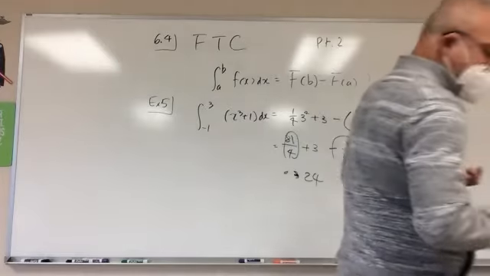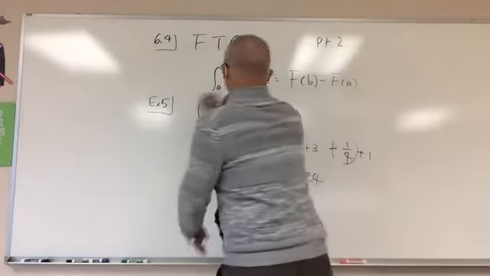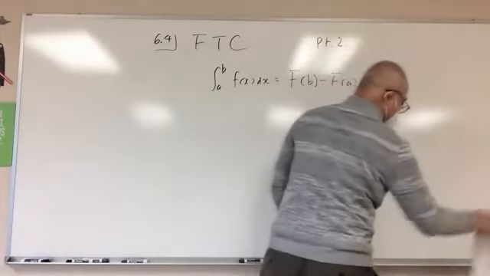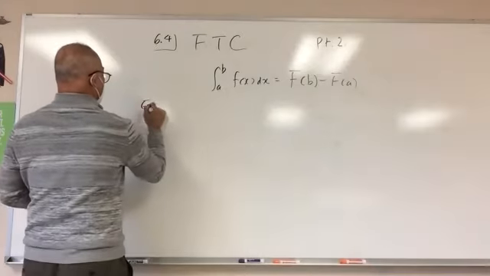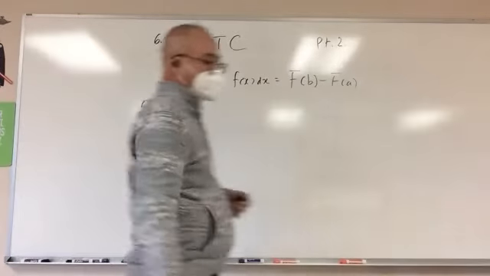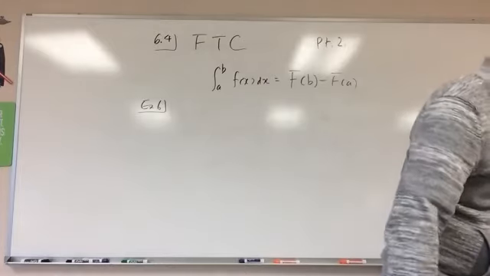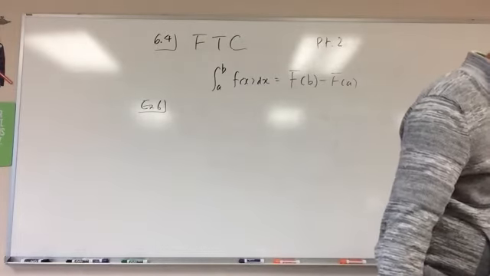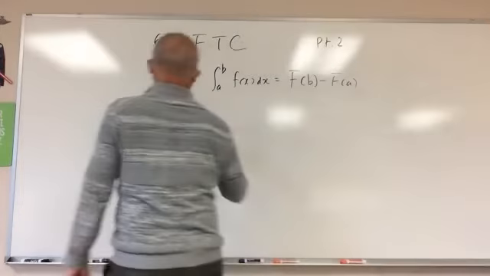Area connection. So let's go ahead and do the other one. Example number 6. We find the area of the region between the curve and the x-axis, and we're doing 4 minus x squared.